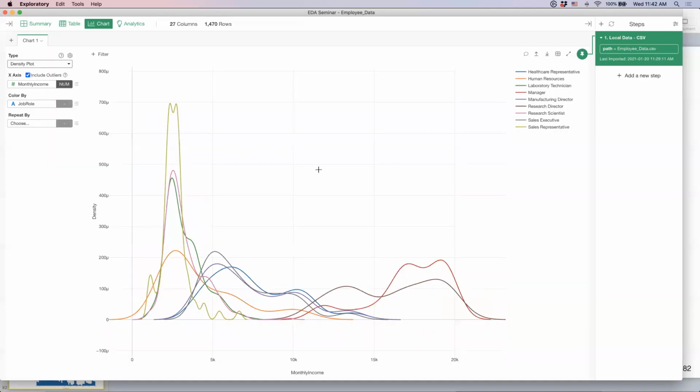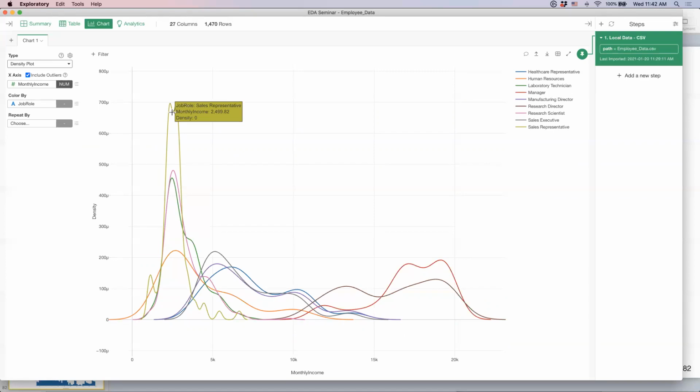The density plot makes the histogram shape smoother. Another thing is that for each curve, for example, this red curve is manager, the area under the curve is 1. And for example, this sales representative is super high, but a very narrow mountain.